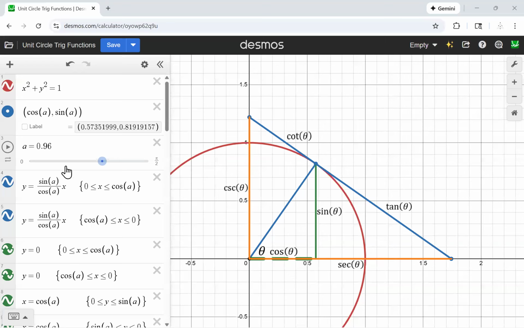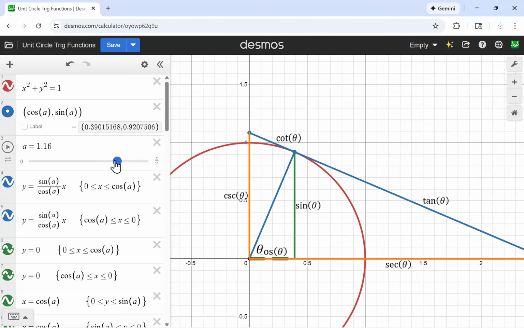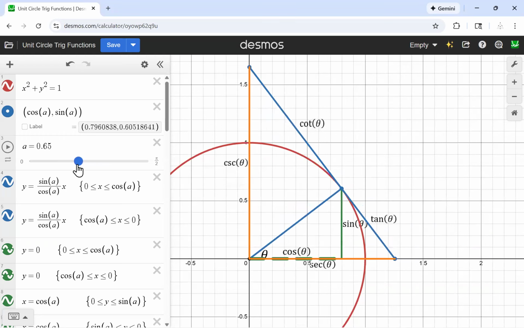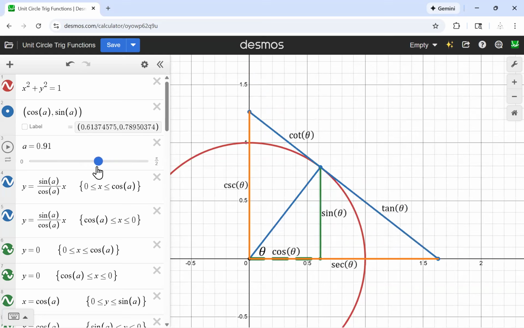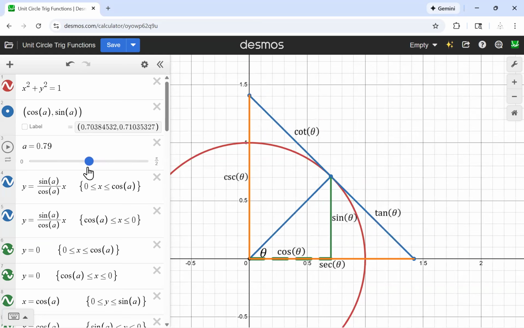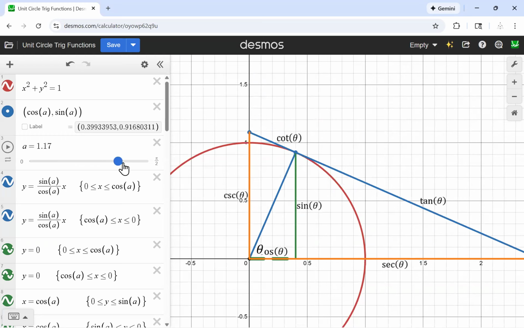I've set up this visualization in Desmos where we can see that by changing the angle, it changes all of those lengths. So as we change the angle, cosine and sine can change, and that in turn changes all of these lengths, keeping this line perpendicular. So that's what's going on.